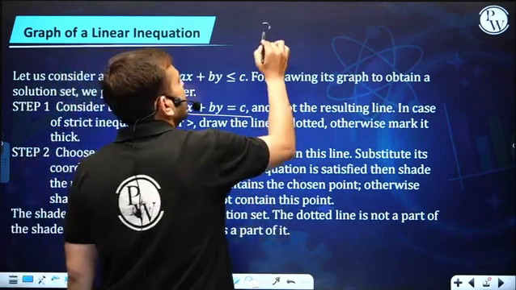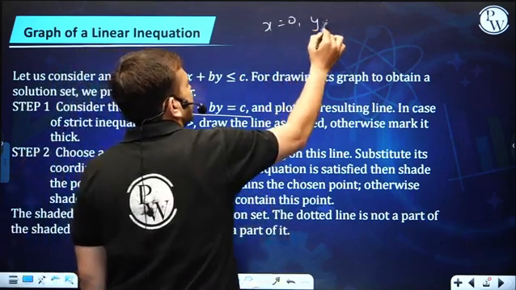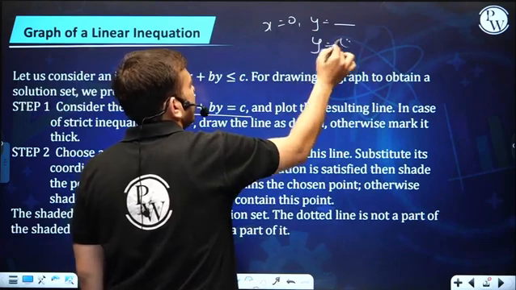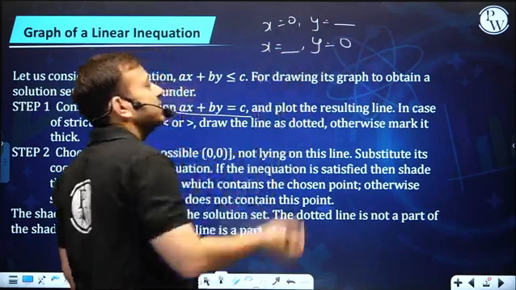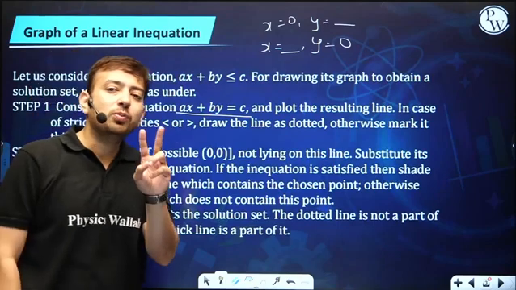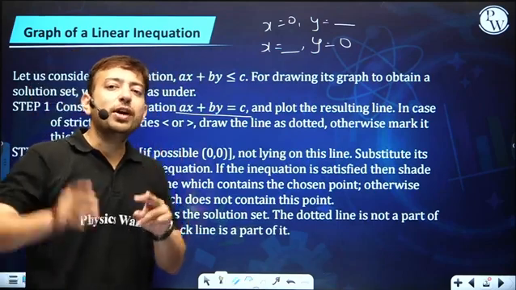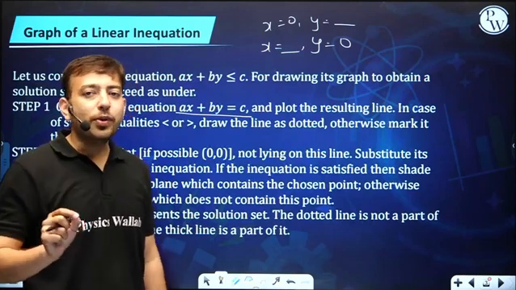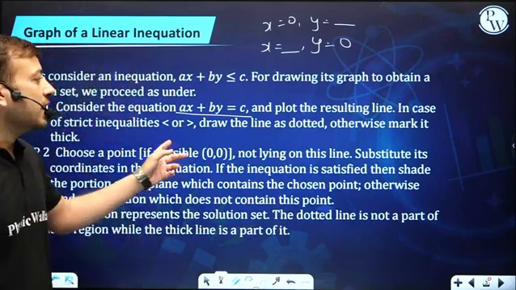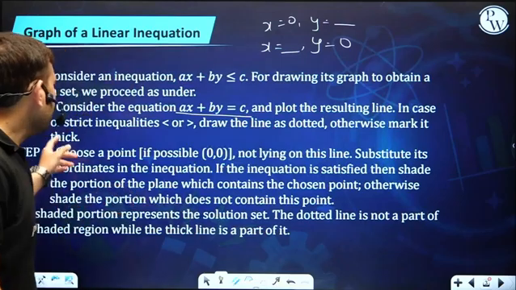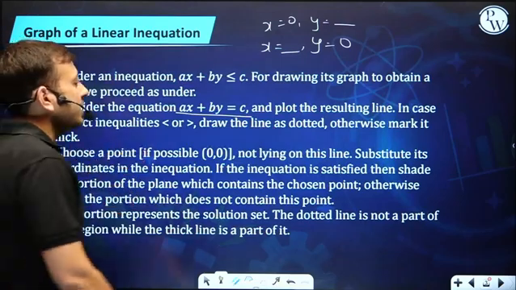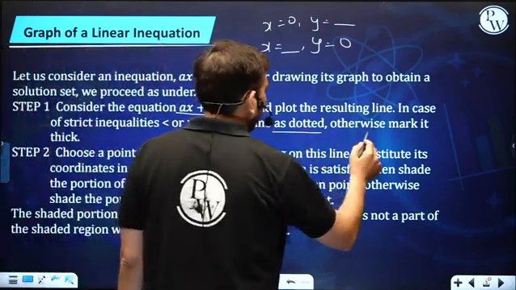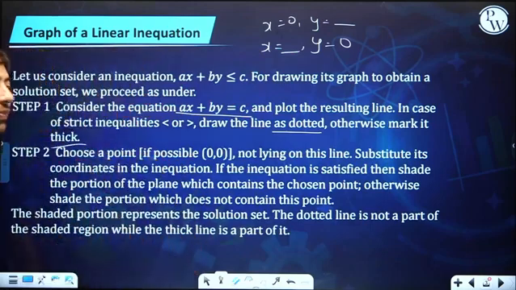How? Put x equals 0, you will get y equals something. Put y equals 0, you will get x equals something. So I'll get 2 points. Now, from 2 points, only one straight line can pass. Plot the resulting line. In case of strict inequalities, draw the line as dotted, otherwise draw it thick.